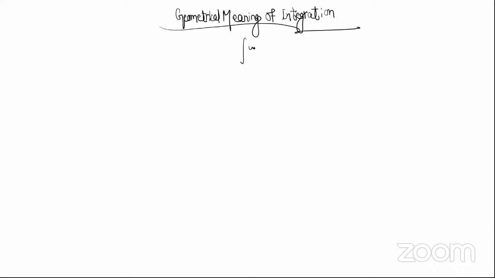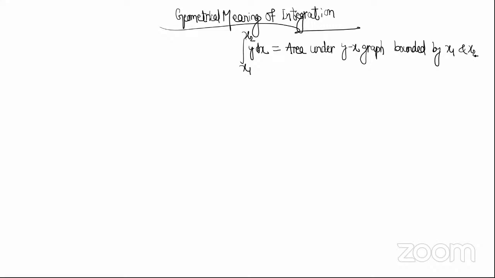So integration y dx means it's area under y-x graph, x1 to x2 bounded by x1 and x2 line, है ना? On x axis, integration y dx मतलब ये graph और x axis उसका area है.